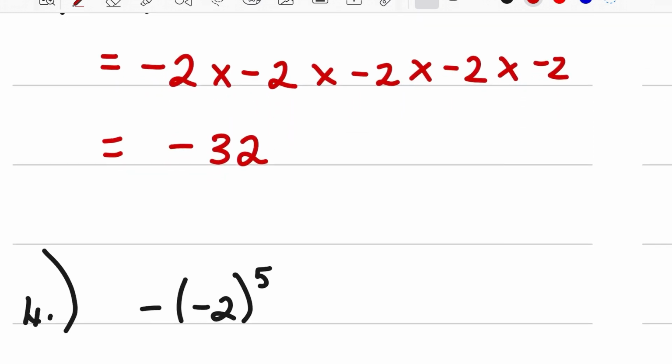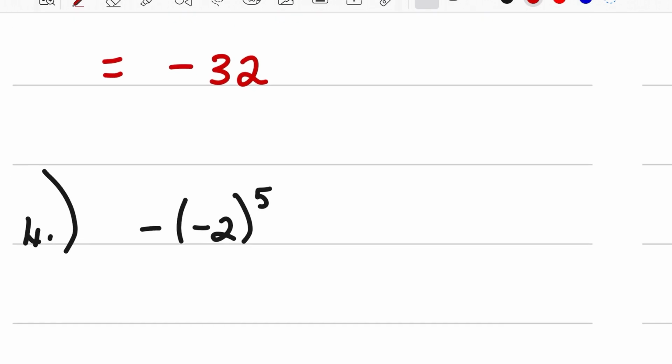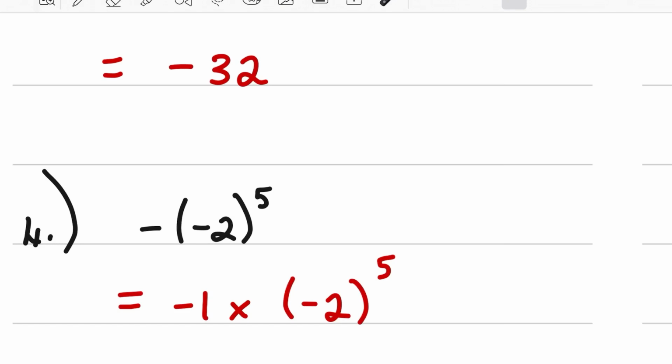But for example 4, we could think of this as minus 1 multiplied by minus 2 to the power of 5. So just to state the question, we have minus 2 to the power of 5. That's minus 1 multiplied by minus 2 to the power of 5.